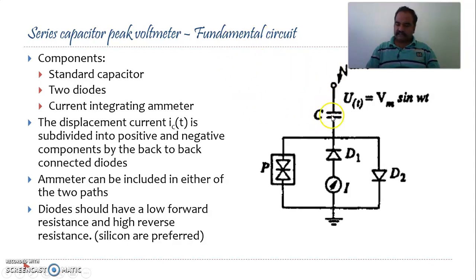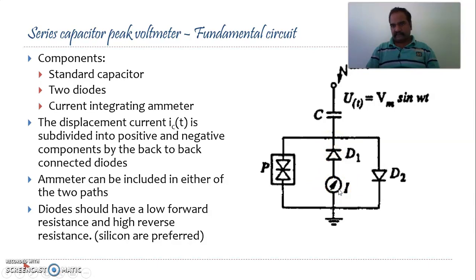This current is divided into two parts. One diode conducts in the positive half cycle, the other in the other half cycle. If the current flowing through the capacitor is I, then D2 conducts in the positive half cycle of the current, whereas D1 conducts in the negative half cycle. Now we will see this ammeter here.